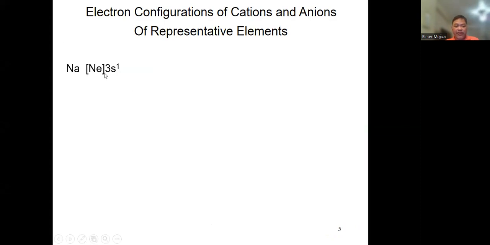So if you have a sodium atom, when it becomes positively charged, what happened to the electron? Removed or added? Anyone? Removed. Okay, it was removed.